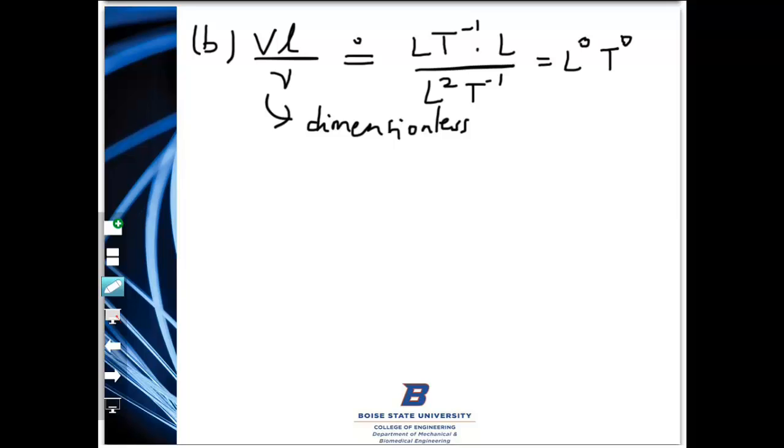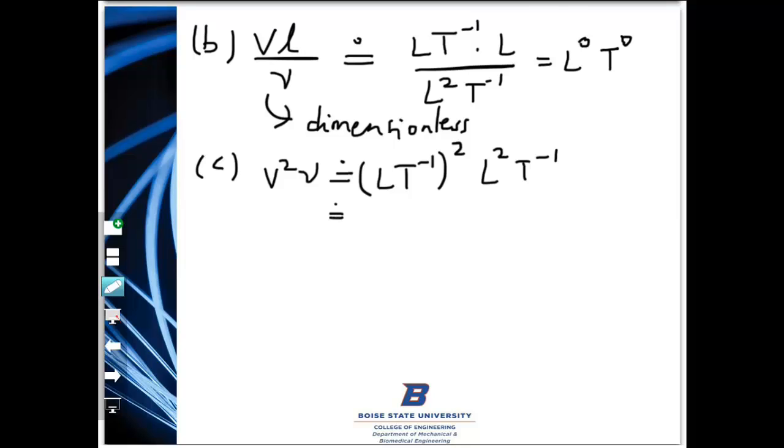Okay, all right, so similarly you can do part C, V squared times nu. So I'll let you do it here. L t to the negative 1 raised to the power 2 times L squared t to the negative 1. Again, you have to do a little bit of algebra here.